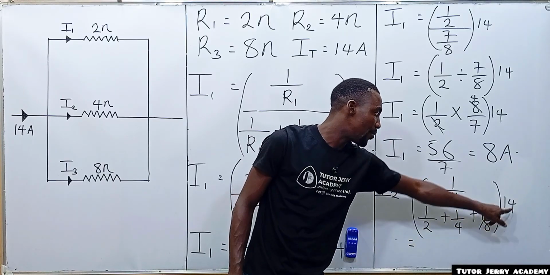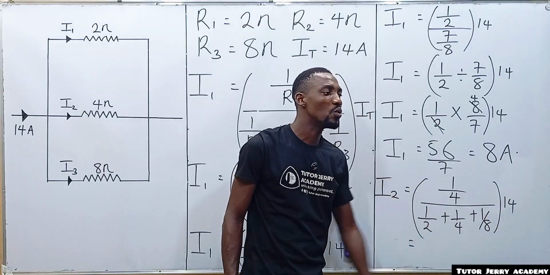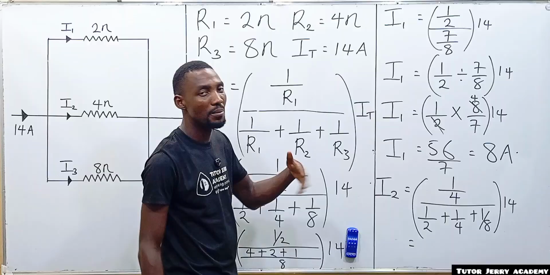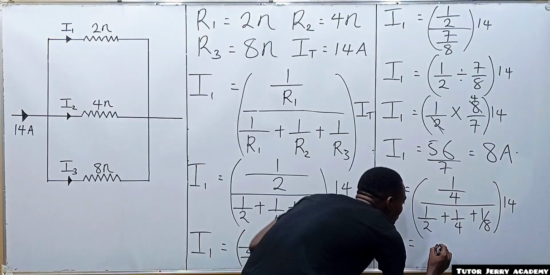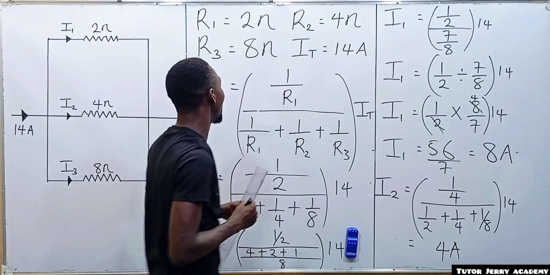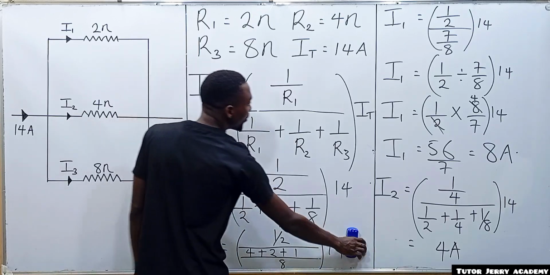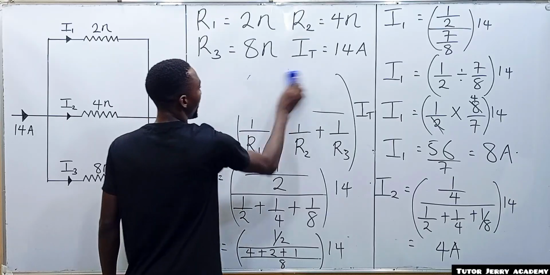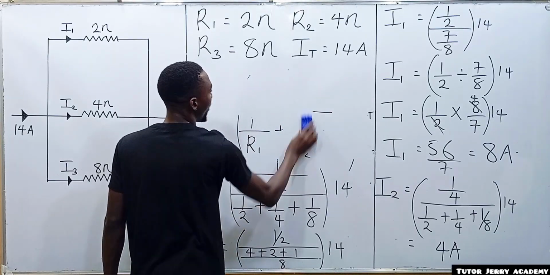And 7 will go into 14 two times. 2 times 2 is 4. So I2 is nothing but 4 ampere. So here we are going to have this to be 4 ampere. All right. So for us to get I3, let's clean this part. I hope we are following.